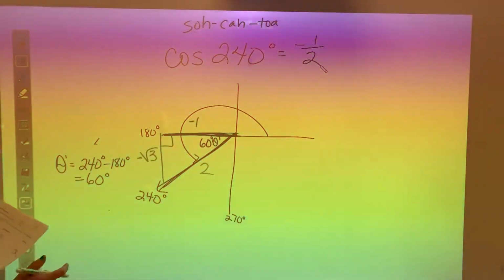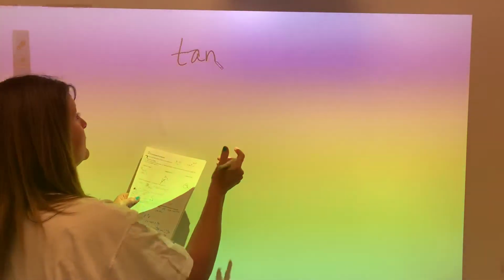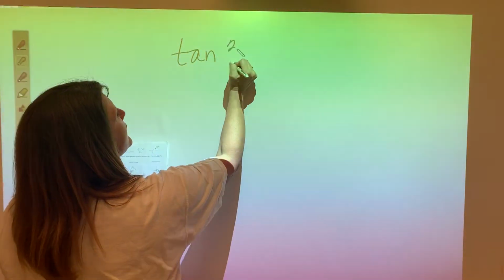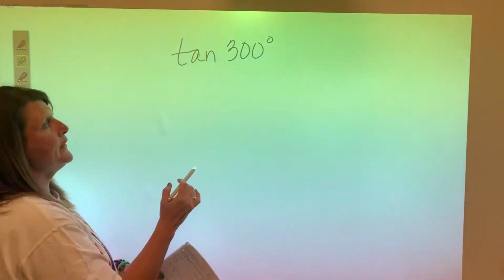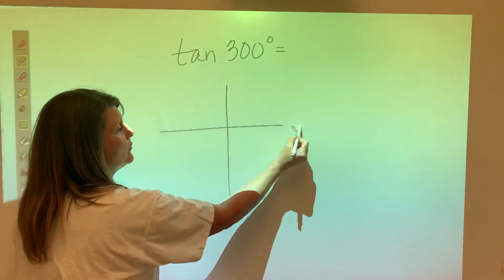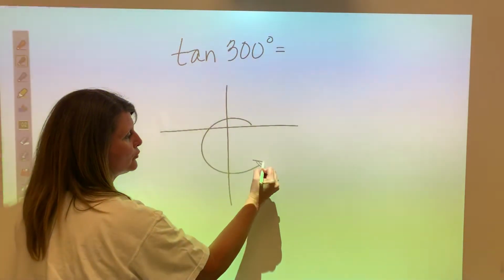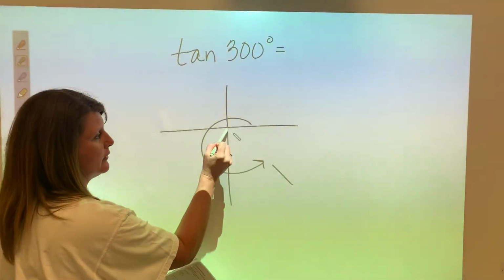Okay, let's do one more. Let's do the tangent of, let's go 300 degrees, okay? So if I draw a 300-degree angle, I wind up over here in the 4th quadrant somewhere.